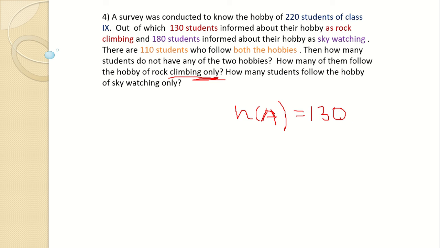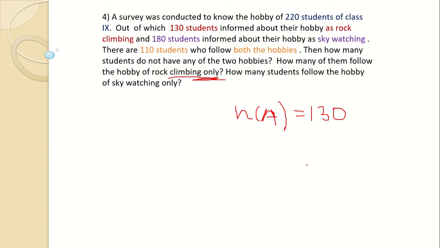So we want exclusively those students who have the hobby of rock climbing only. So we will subtract the students who are in the intersection part, meaning who have both the hobbies. There are 110 students who follow both the hobbies, so from this 130, subtract the intersection part.